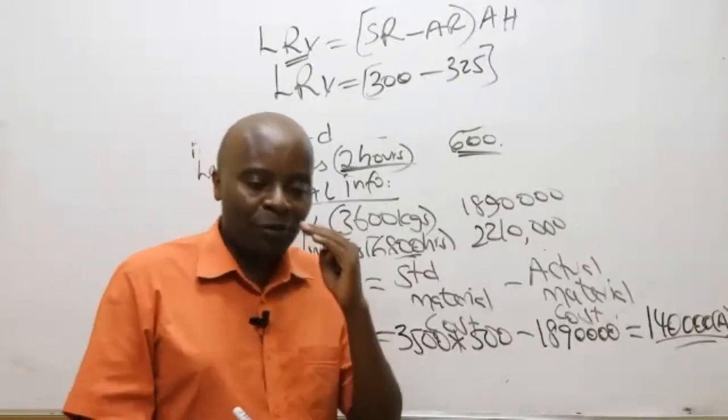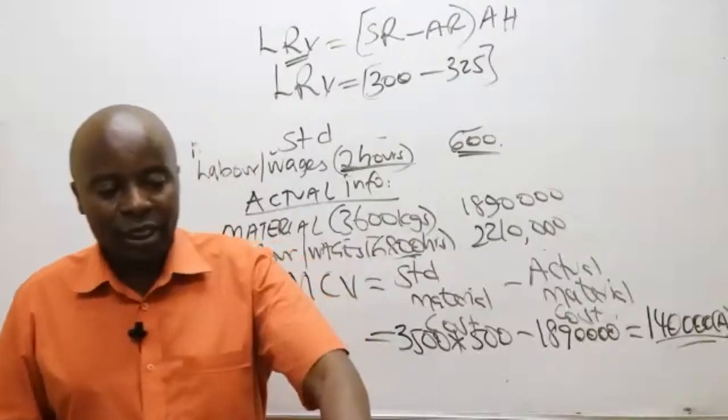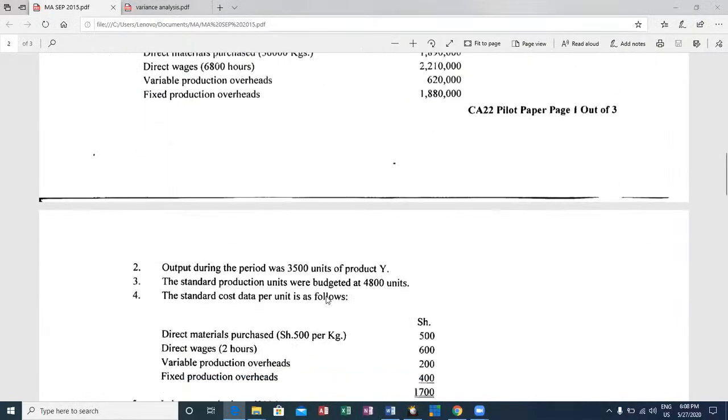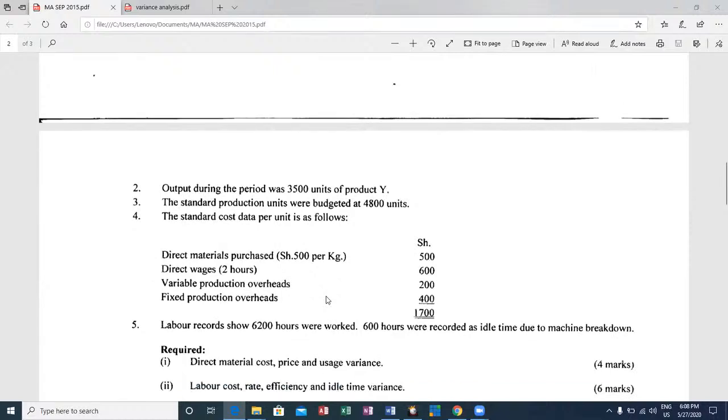If you remember from that particular note, if you could take me there, my admin, you'll be able to see on note number 5 that we only worked for 6,200 hours. 600 hours in this case being the hours that were wasted away, idling around.